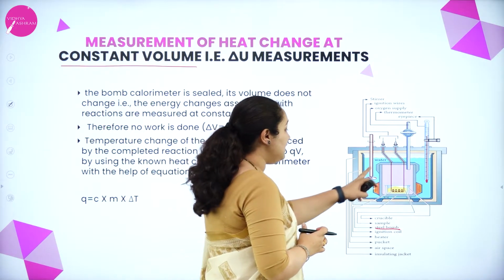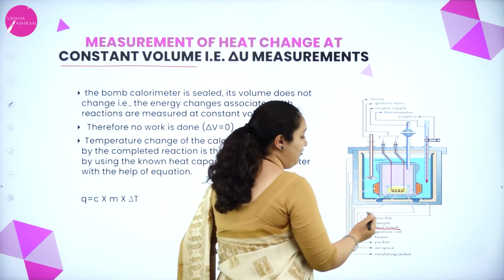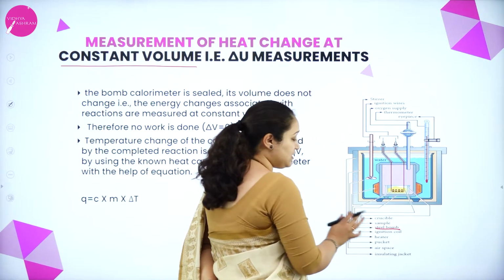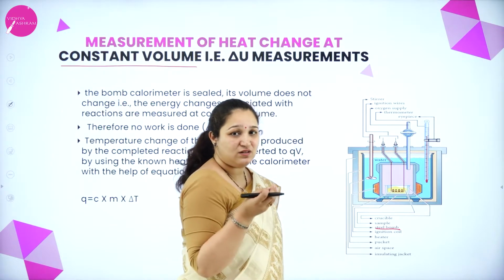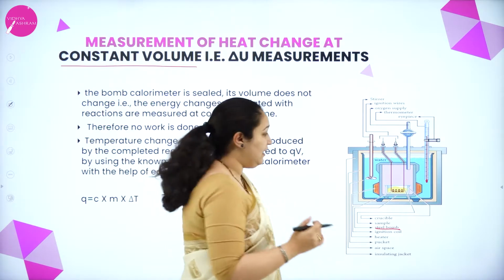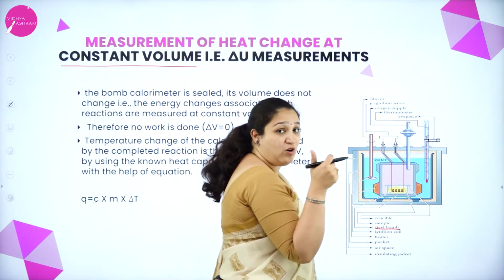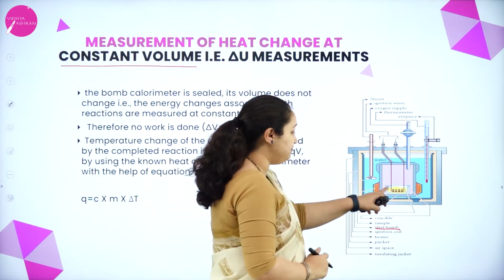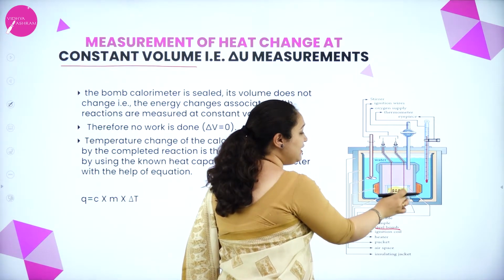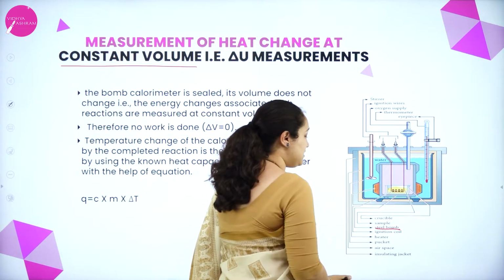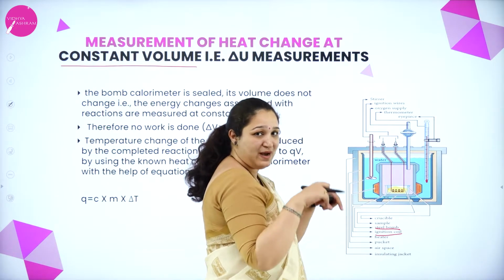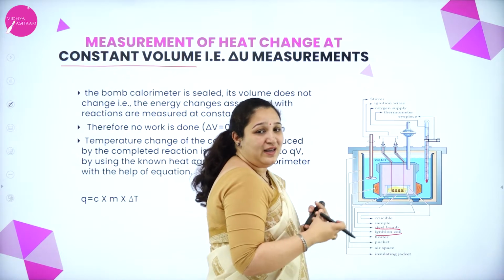Inside this steel bomb we have a crucible in which the combustible substance is kept, that is the substance whose delta U you want to calculate. That substance of known mass is taken in a crucible, and there is also an ignition wire or ignition coil through which you can pass electricity and ignite it.